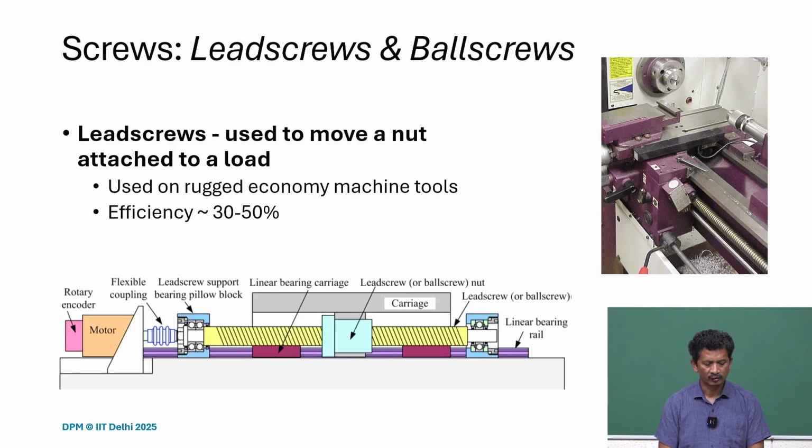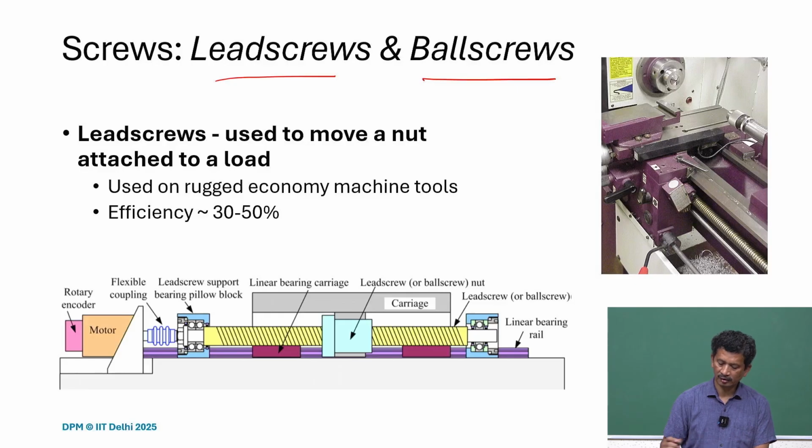There are two types you see more often these days. Lead screws, most of the time we are aware of, but another is the ball screw. The lead screw, one example you see here, is used in the lathe, and is used to move a nut attached to the load.